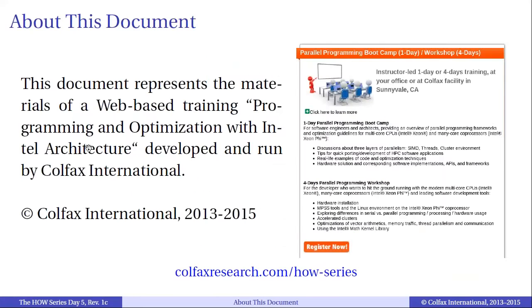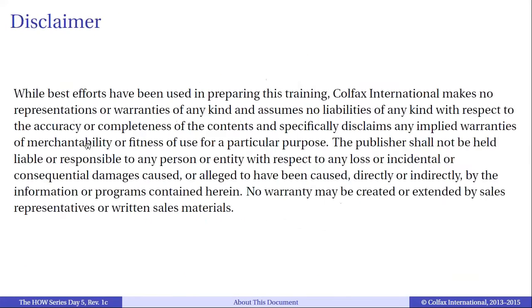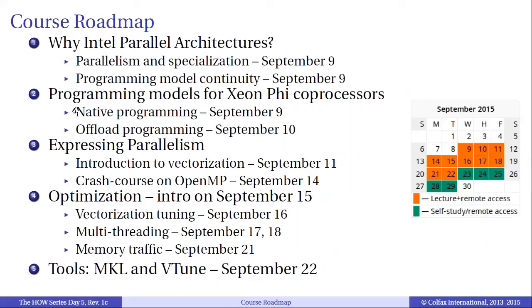As usual, I will do a very quick overview of the class. This is our schedule, and today we are right in the middle, in day 5. Earlier, we talked about Intel parallel architecture and specifically focused on programming Xeon Phi coprocessors, and then in the previous two meetings, we discussed expressing parallelism with vectorization and with OpenMP.